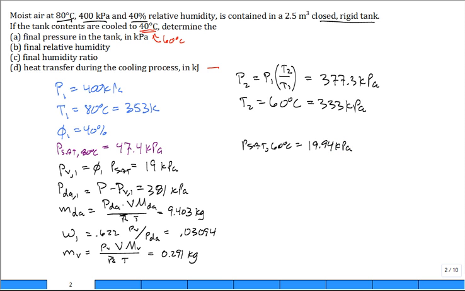And so the vapor pressure at state 2, assuming it all stays ideal gas, is just like the above equation for the total pressure, PV1 T2 over T1, and it comes right in at like 17.9 kPa. And then the partial pressure of dry air at 2, a similar equation, is 359.5 kPa.